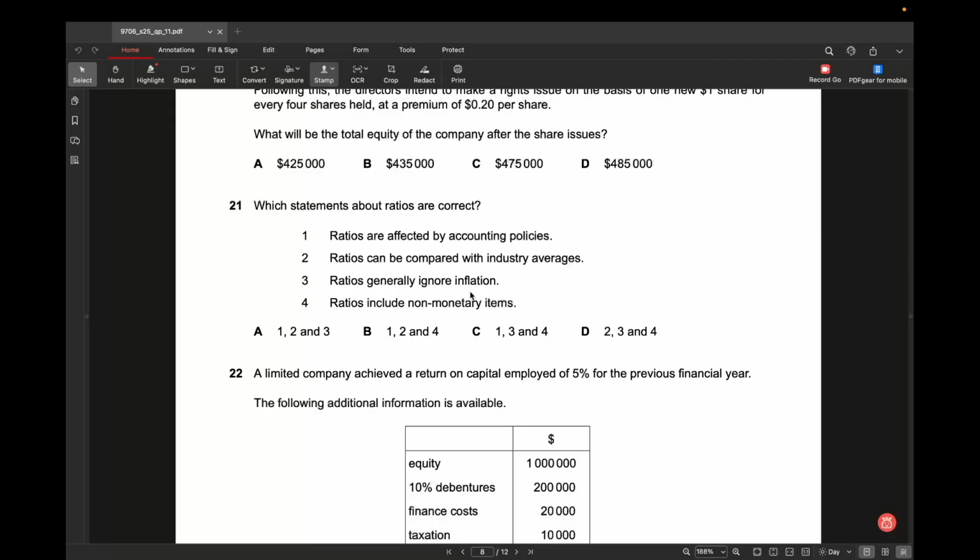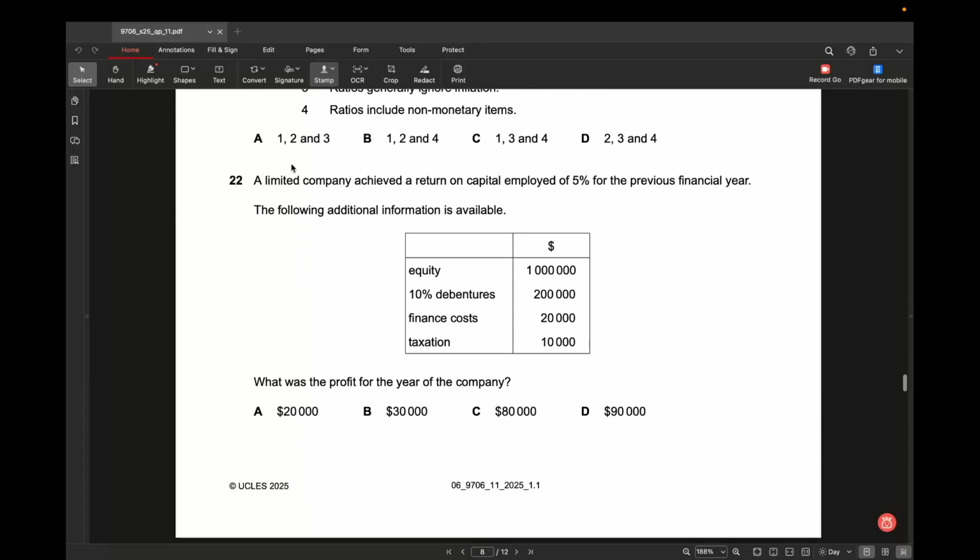And the last one, ratios include non-monetary items. Ratios do not include non-monetary items because they only take monetary values into consideration: how much assets the business has, how much profit we made. So the correct answer for 21 is 1, 2 and 3, which is A.